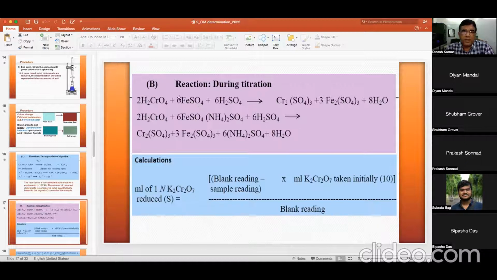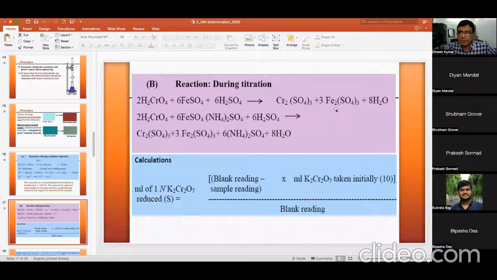Ferrous sulfate was the titrant. In the burette, you have ferrous sulfate, and chromic acid is in the conical flask, and H2SO4 is already present in the conical flask. Then chromic sulfate is formed, and this is ferrous sulfate or ferric sulfate.